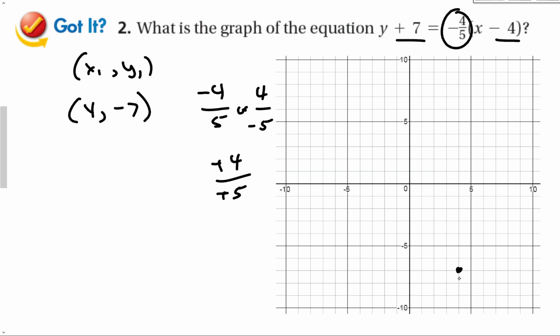So because I can't really go down 4 without going off the graph, let's go up 4, 1, 2, 3, 4, and then left 5, 1, 2, 3, 4, 5. And you can see that my line is going down, which is what I expect from something that has a negative slope. Okay?